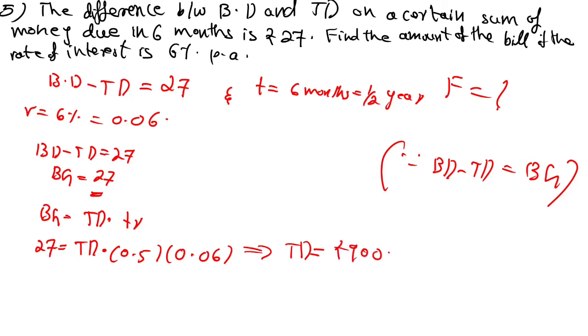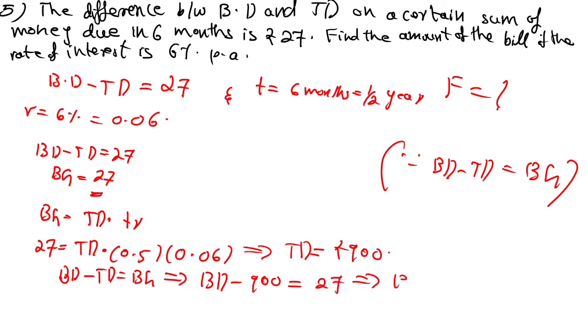Now TD is there, BG is there. How to calculate BD? We have the formula BD minus TD is equal to BG. This implies BD minus 900 equal to bankers gain 27. If you simplify this, you'll get bankers discount equal to rupees 927. Now you need to calculate face value, F equal to question mark.